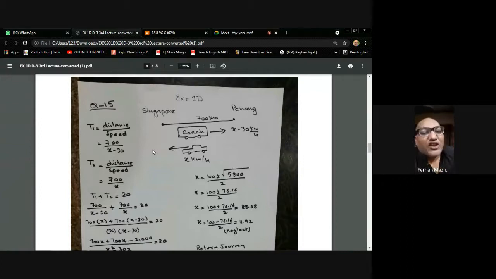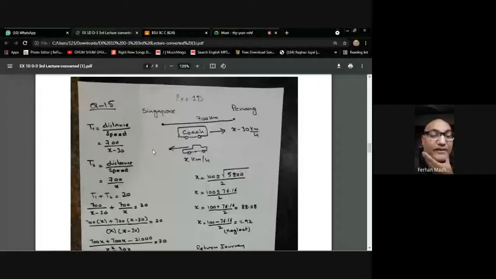So the speed of the coach with which he is going from Singapore to Penang, that is x minus 30 kilometer per hour, and the speed at which he came back, that is x kilometer per hour. He went there on a coach and came back on a car. So when he went there, the distance traveled is 700 kilometer and the speed is x minus 30 kilometer per hour.